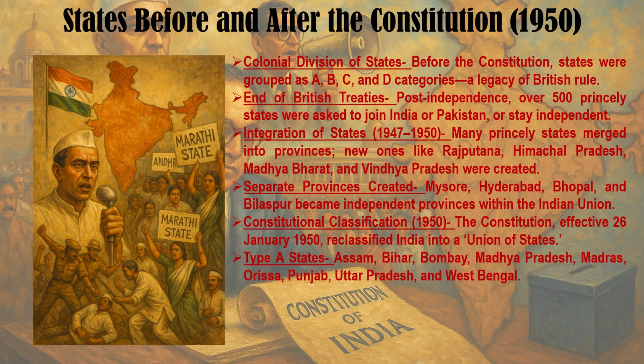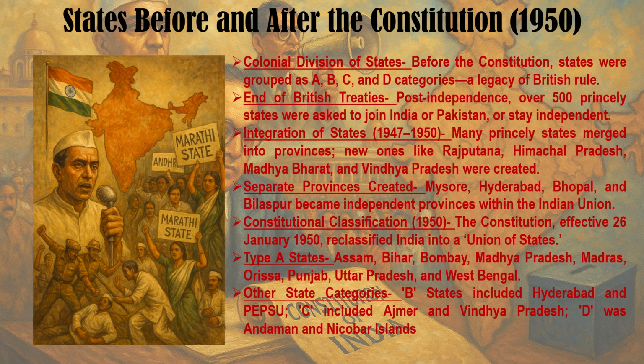So Assam, Bihar, Bombay, Madhya Pradesh, Madras, Orissa, Punjab, Uttar Pradesh and West Bengal. These were Type A states according to the new constitution. So Type A states, you can understand from the terminology itself, were important states. Other state categories were Type B states, which included Hyderabad and Pepsu.